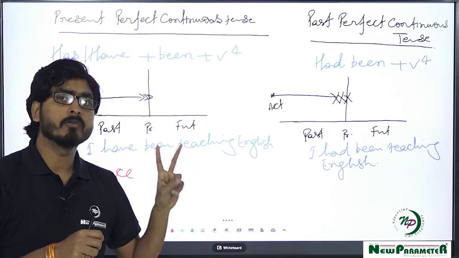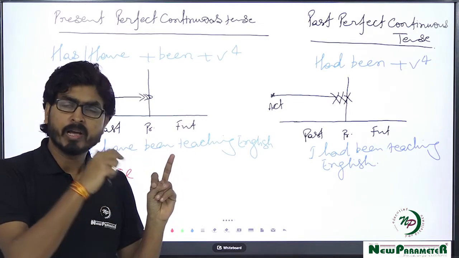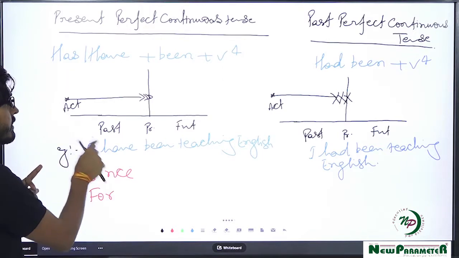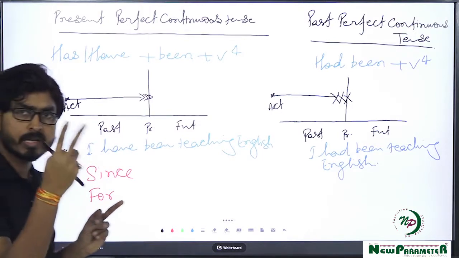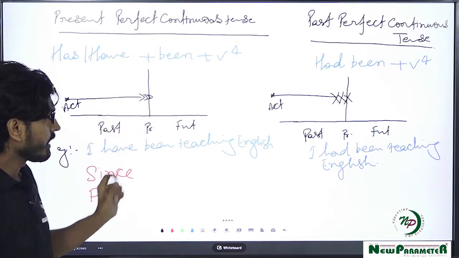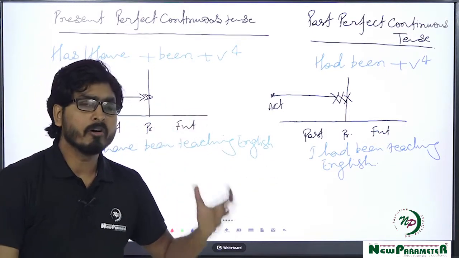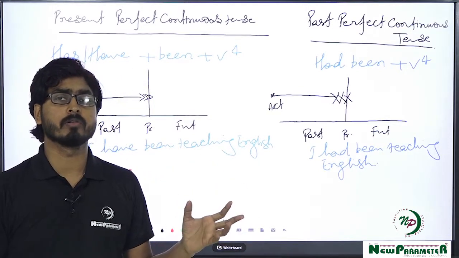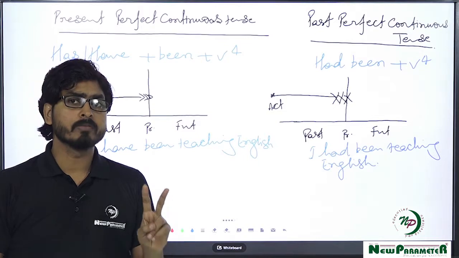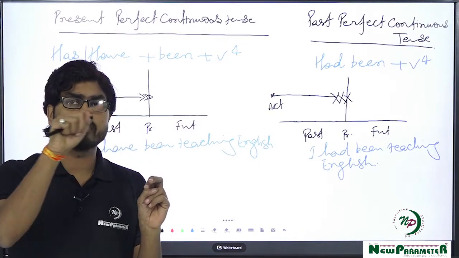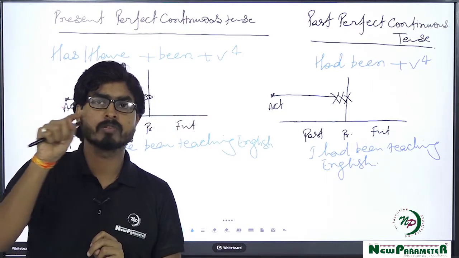So there are basically two times. Initial time, I can say initial means starting time. I mean this, when this action was started. And the second time is the period of this time. I mean for how many hours, how many days, how many years I have taught. So two times, firstly initial point or starting point, secondly period of time means what? A duration of time.